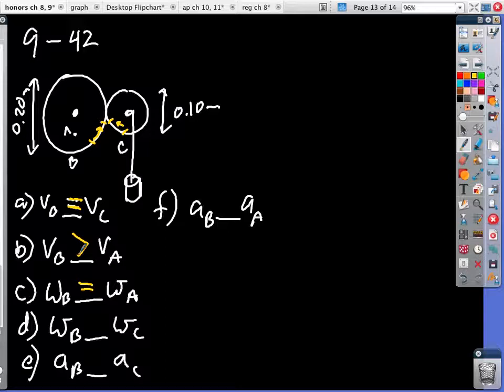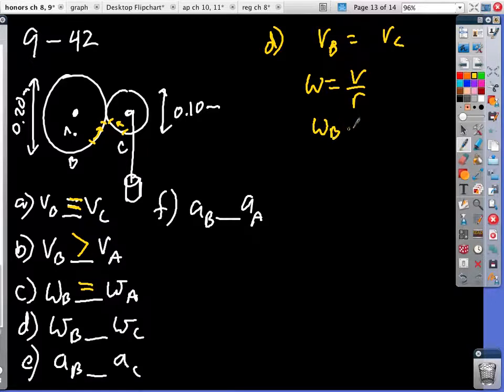Omega B and omega C. I'll do this two-part D up here. We already determined that VB is equal to VC. But remember that omega is equal to V over R. So if we compare omega B and omega C, that's going to be VB over RB, and that's going to be VC over RC.